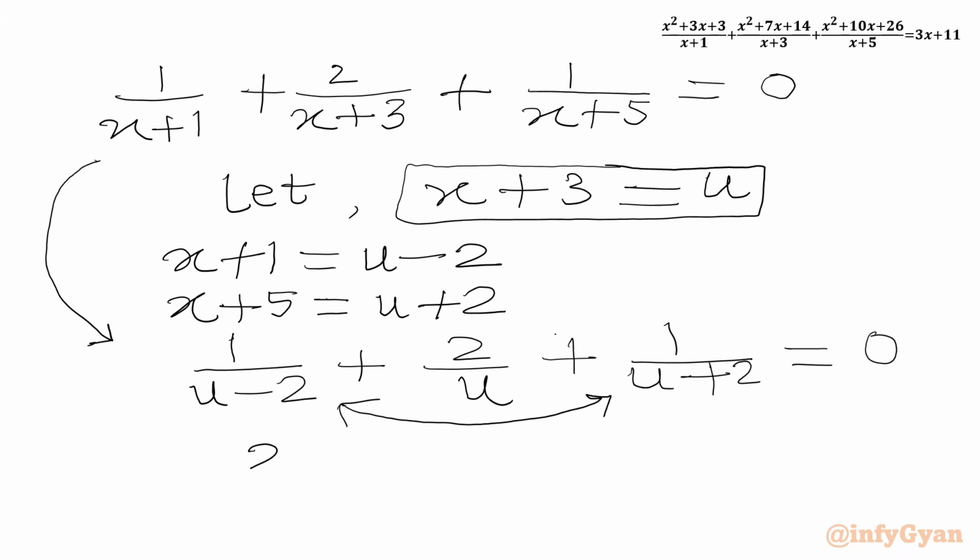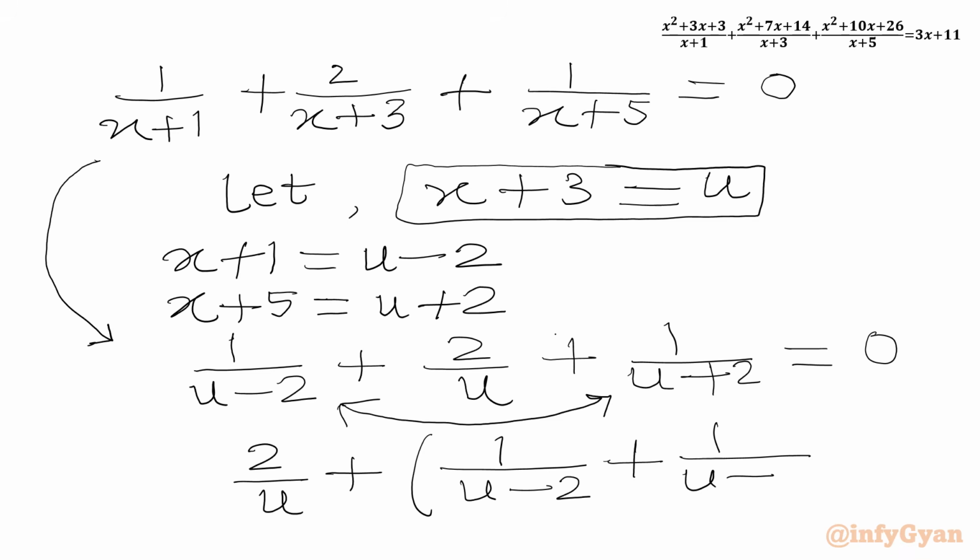Now we will club these two terms together. So we can write 2 over u, plus 1 over u minus 2, plus 1 over u plus 2, equal to 0. Now we will take LCM over here.